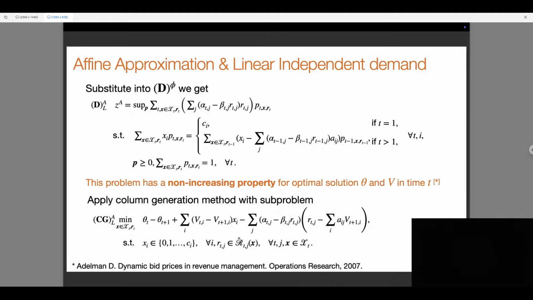Notice here there is a cross term, there is a square term for the RTJ, the decision variable, which makes this subproblem a nonlinear programming problem now.